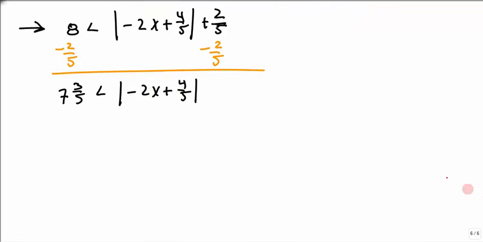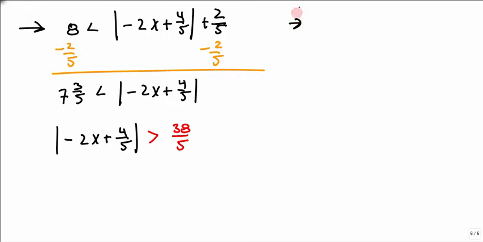And then I want to rewrite this by moving the absolute value over to the other side. Now notice this opens toward the absolute value, so when I flip it, it has to open toward the absolute value as well. We don't want to work with this as a mixed number, so let's go ahead and rewrite this as an improper fraction. 7 times 5 is 35. 35 plus 3 is 38/5. And then from here you would just go ahead and write out your cases.